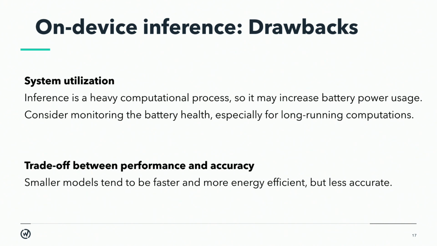And there is also going to be a trade-off between models' performance and accuracy. So generally, when you optimize or shrink a machine learning model to be used in a mobile app, there could be an accuracy loss. And so smaller models, they usually tend to be faster and more energy efficient. They could also be less accurate, so that is something that we should be mindful of as well.